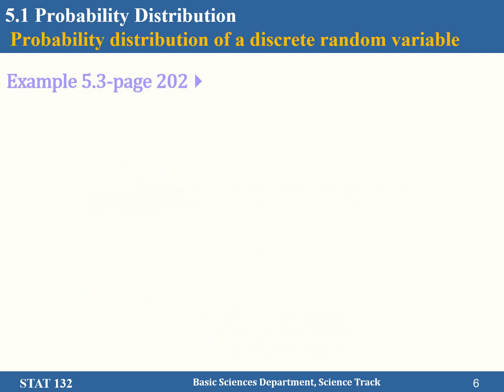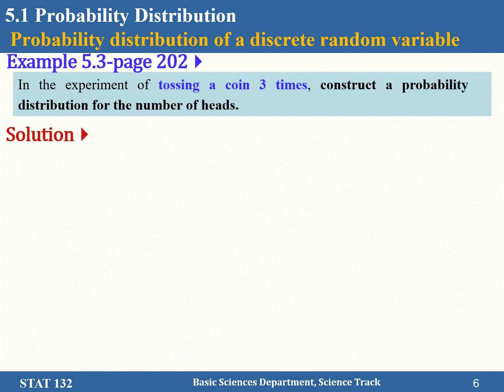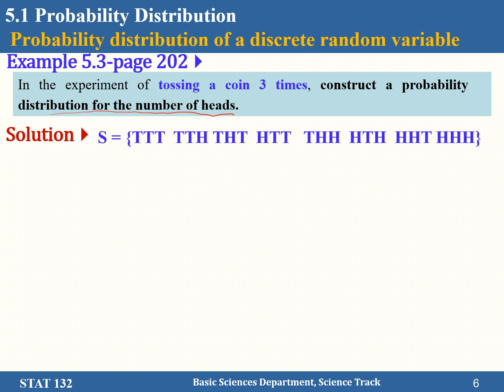Now let's look at this example. In the experiment of tossing a coin 3 times, construct a probability distribution for the number of heads. Let's think of the sample space first. When you throw a coin, the outcomes are head and tail.